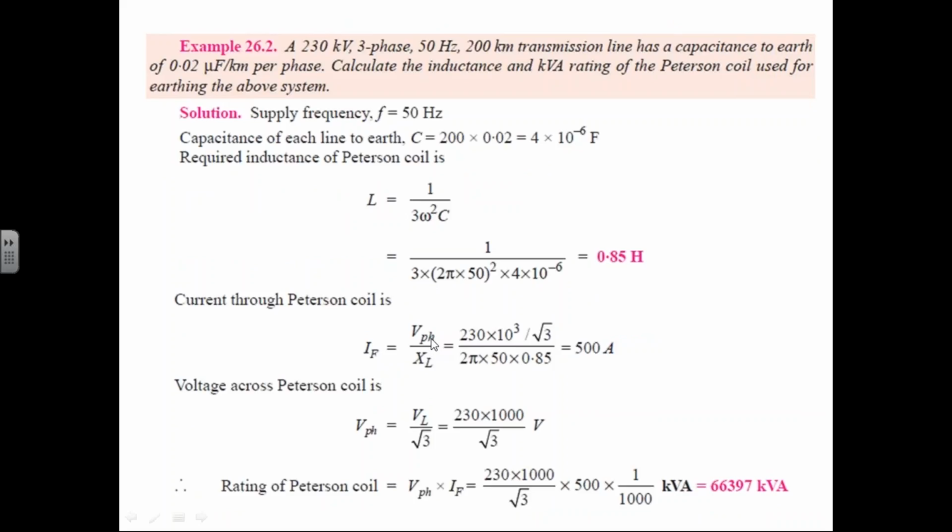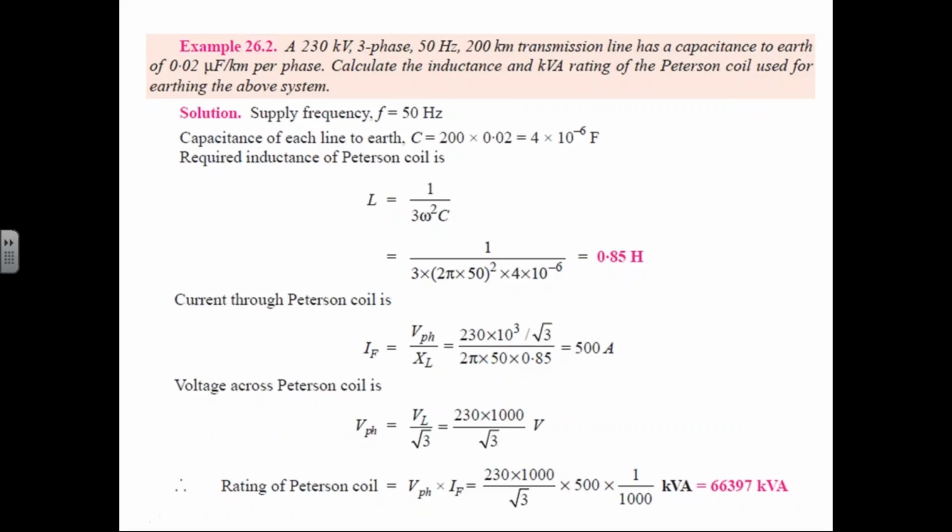See, V phase is nothing but the line to line voltage, given as 230 kilovolt. So per phase value will be line to line voltage divided by root 3. That is 230 into 10 power 3 for kilo, divided by root 3. This per phase voltage is divided by the total impedance.